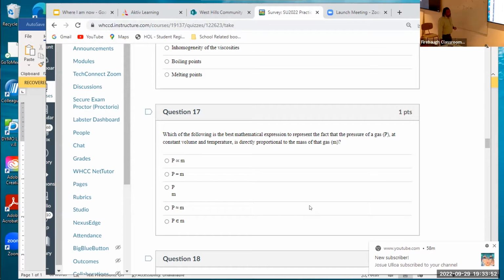Yes, it looks like a fish. So if they said pressure and volume are in direct proportion, right? So it's 1 over. As pressure goes up, volume will go down. So this is indirectly or inversely proportional. And this is directly.